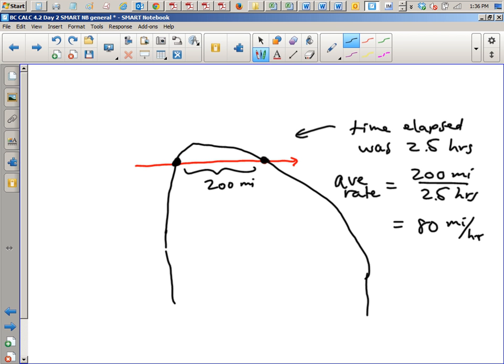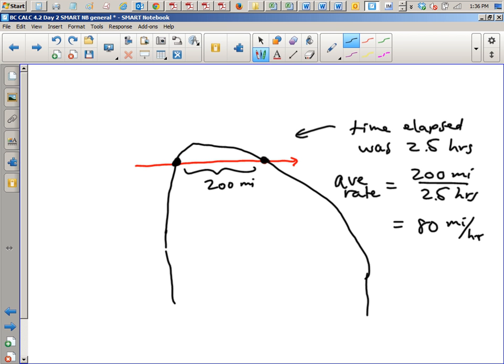That means there was at least one moment during that 2.5 hours where you were going exactly that speed. You cannot average 80 miles per hour without achieving at least once 80 miles per hour as an instantaneous rate of change. You can't have an average rate of change of 80 if you didn't have an instantaneous rate of 80, if you understand. So they know you sped based on your average.